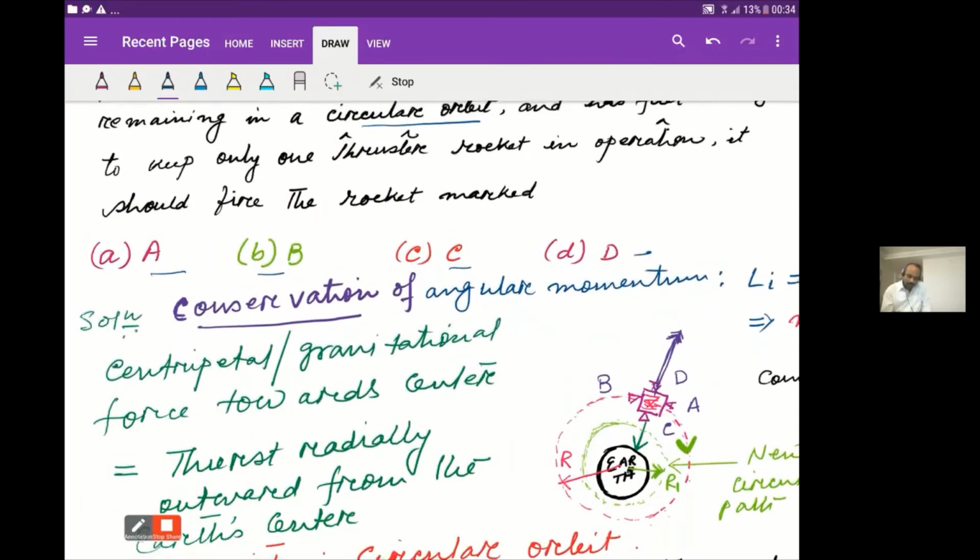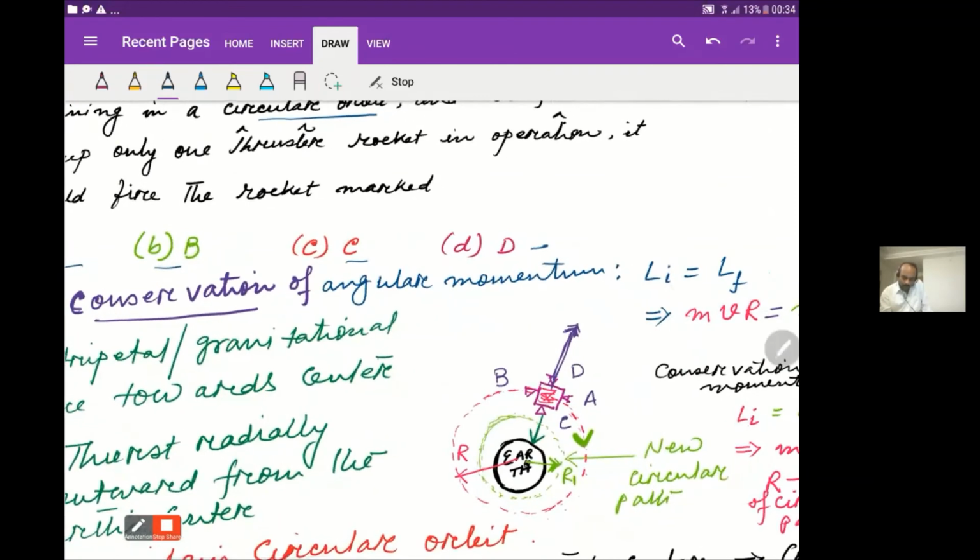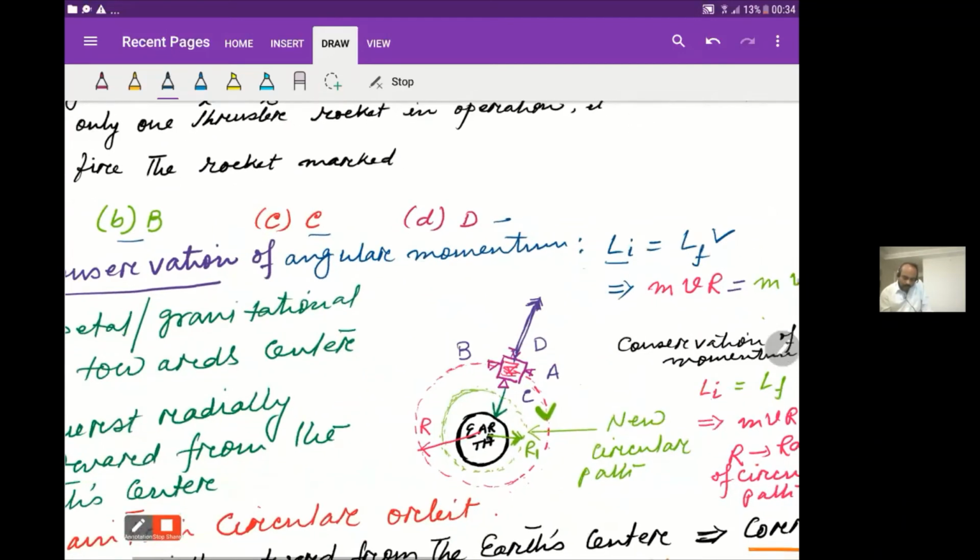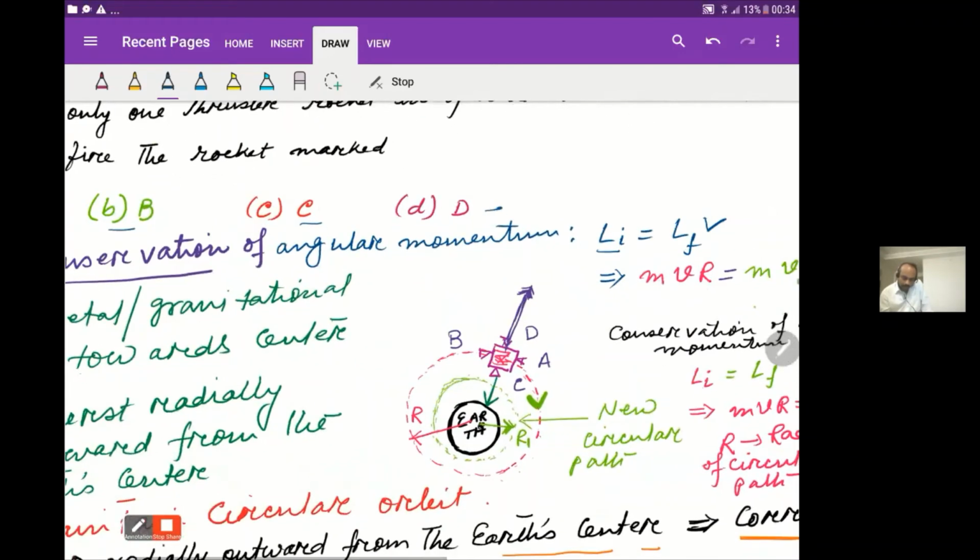So we can use the conservation of angular momentum. So initial angular momentum Li, and we have final angular momentum Lf. So initially the radius say r.